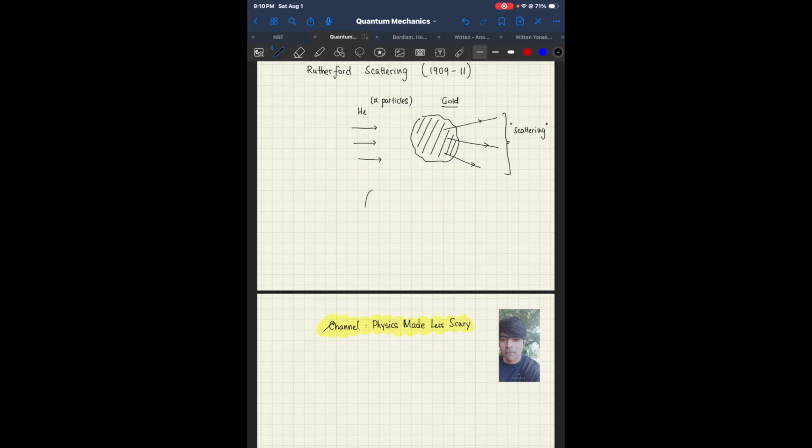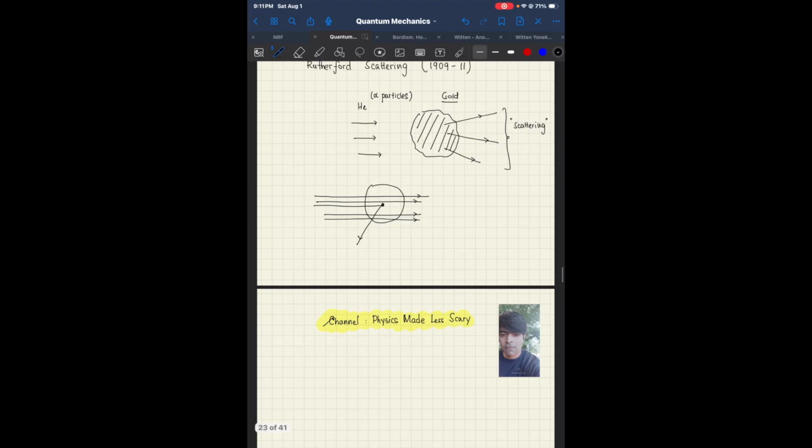Imagine you have a big circle and a small circle; most of them went straight through, except one or a few scattered by quite a large angle. Maybe one among all of them.